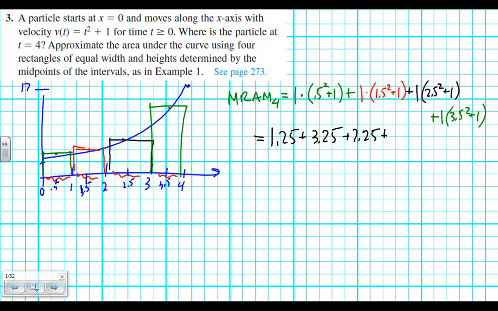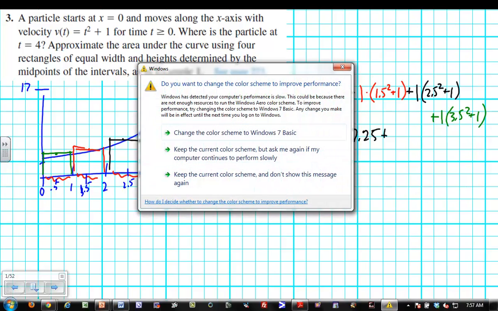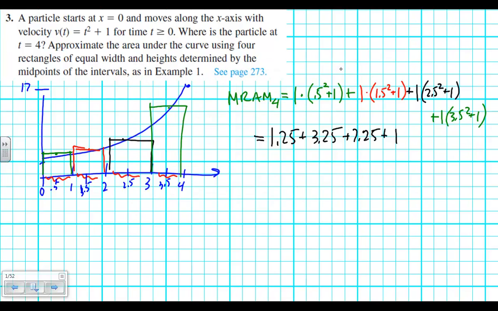And then the last one, I do not know what 3.5 squared is. It's 12.25 plus 1, so 13.25. So, looks to me like I got 4 quarters, so that's going to be an additional 1. So 1.25, 3.25, 7.25, 13.25 gives 25.